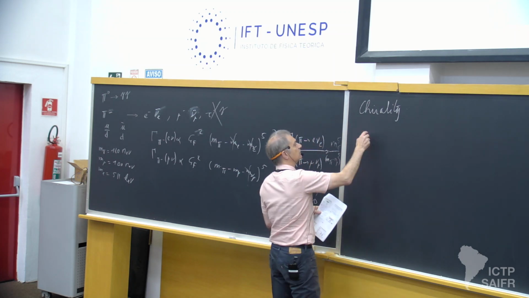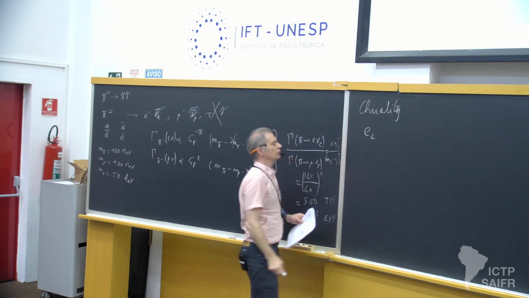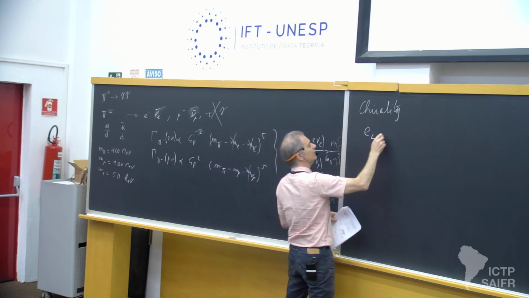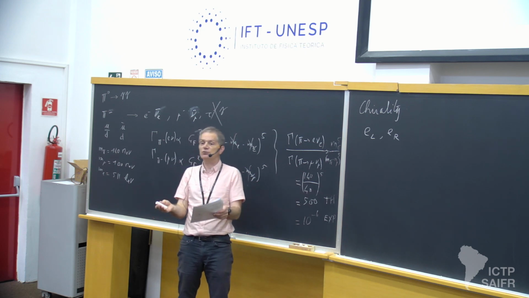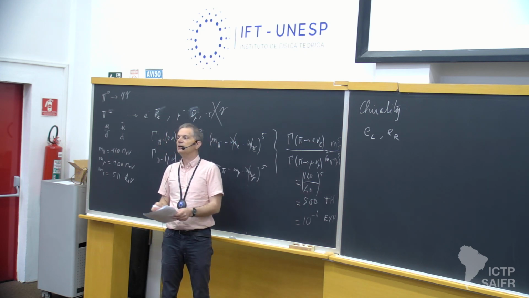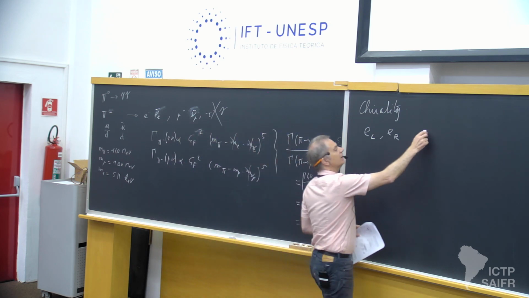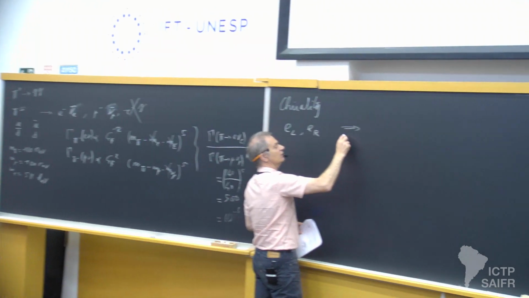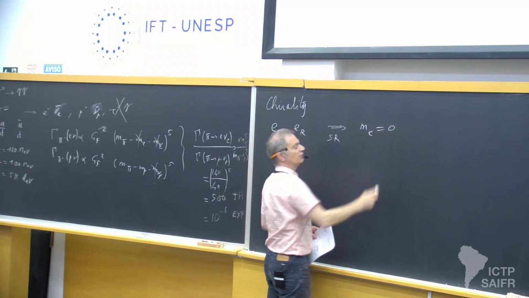So if you have two different properties for the left-handed and the right-handed chirality of the electron, if they are two different objects, if they transform differently under the symmetry, or if they interact differently with the gauge boson, in principle you really expect, by special relativity, that the mass of the electron should be equal to 0.